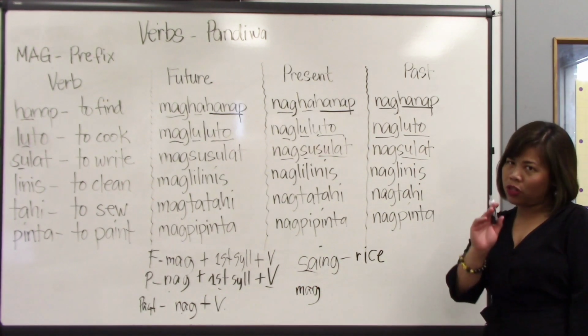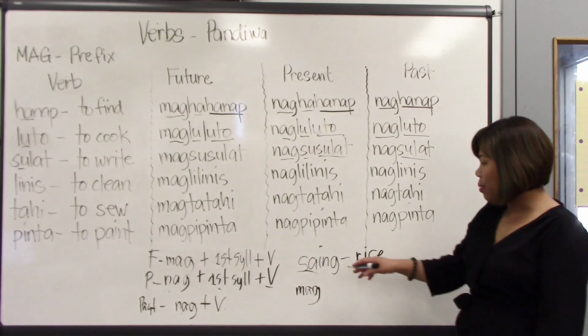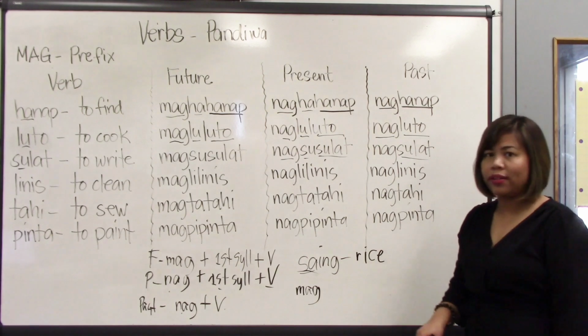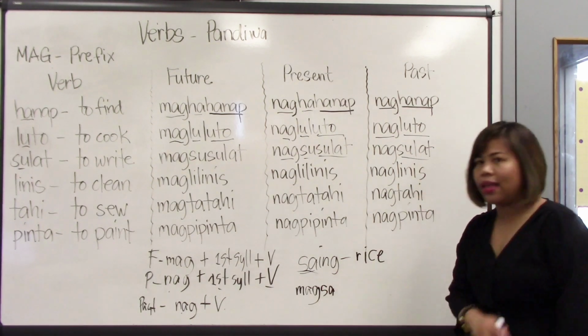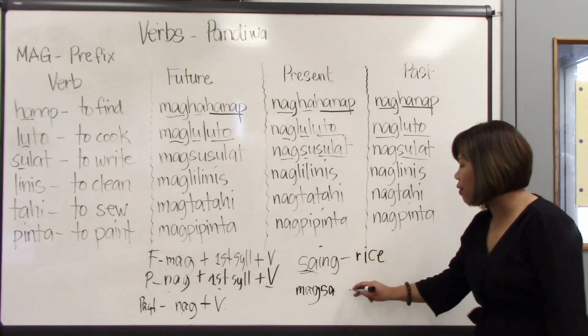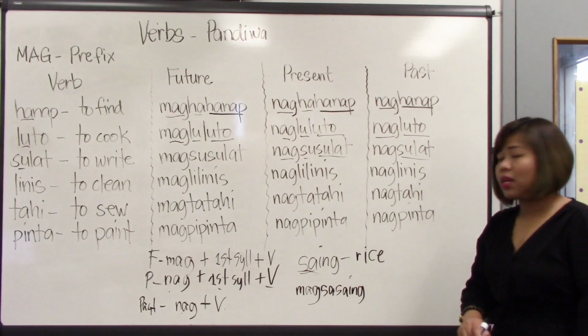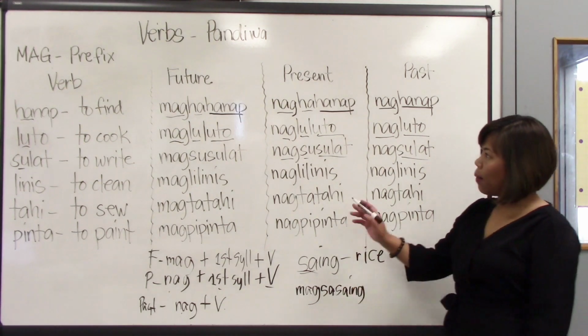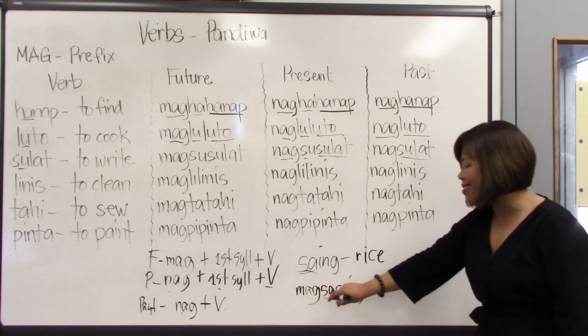Then, we take the first syllable of the word saing. What is the first syllable? This one, sa. So mag, sa, and then we copy the entire verb saing. So this is the future tense of the word saing, which means to cook rice.